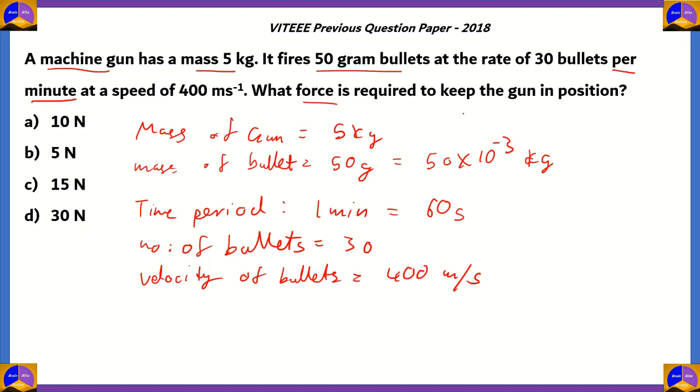So we know the mass of the gun, we know the mass of the bullet, we know the time period of firing, we know the number of bullets fired, we know the velocity of each bullet. So how do we find out what force is required to keep the gun in position? Over here, we're going to use Newton's second law of motion.